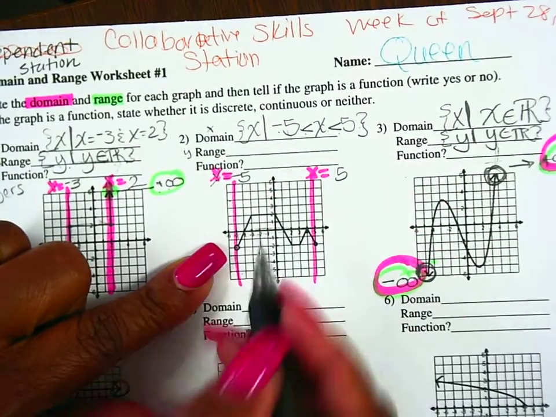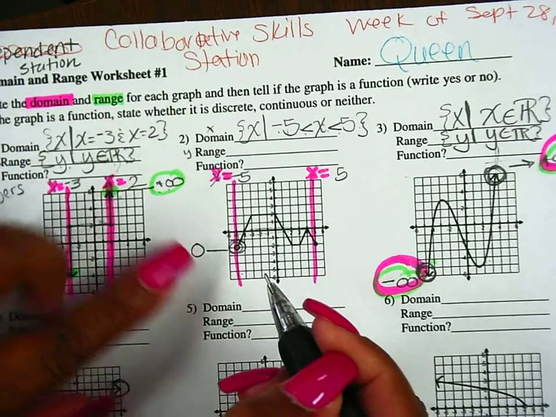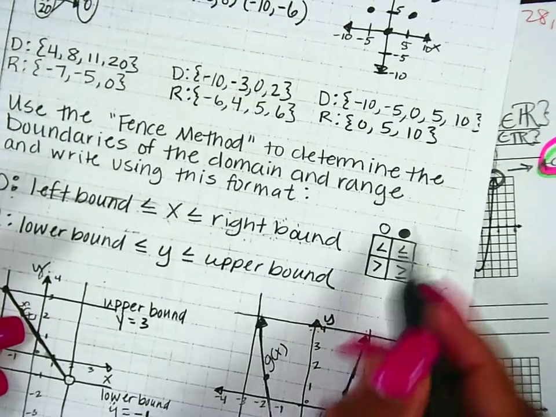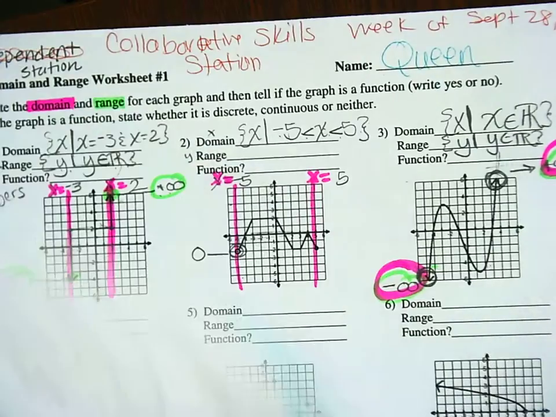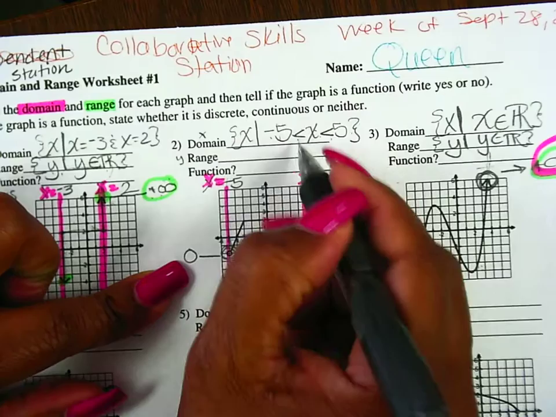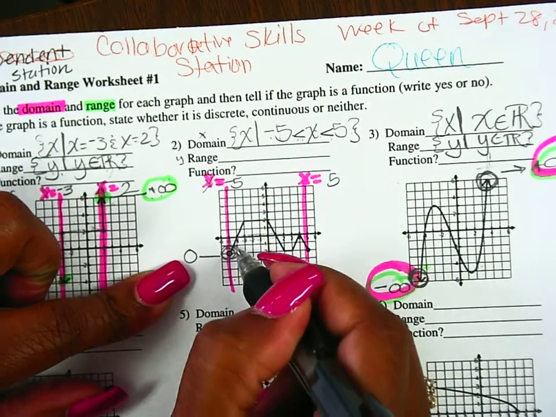However, I need to look here. If you look at this, it's an open circle. When it's an open circle, you look at your chart from your notes. Open circle means there's no equal sign under it. Closed circle, you have an equal sign. So since this right here, for the -5, is an open circle, I shouldn't have an equals under there because it does not include that -5.